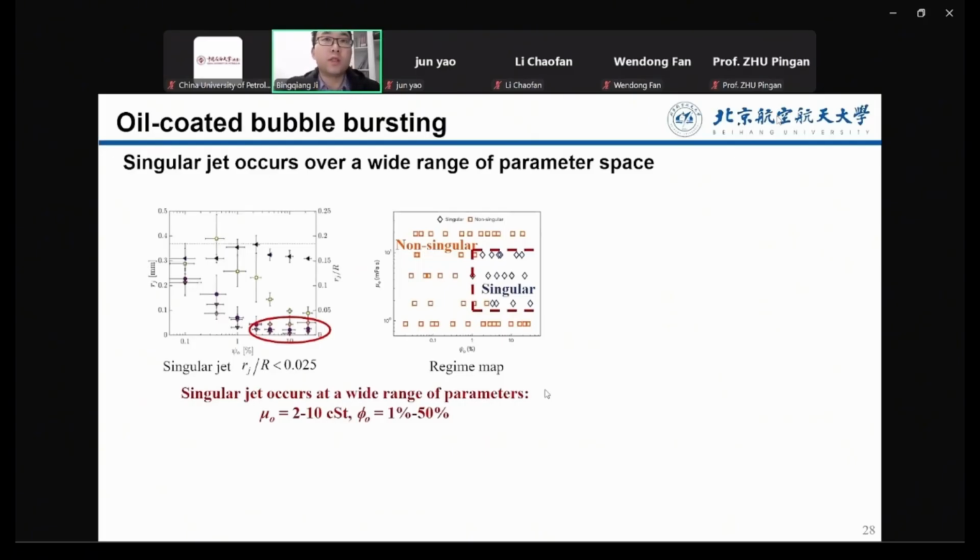Here we summarize the parameter space for the occurrence of the singular jet. We conduct experiments with different oil viscosity and oil fraction, and we define the singular jet as a jet with a size smaller than about 0.02 times the bubble radius.